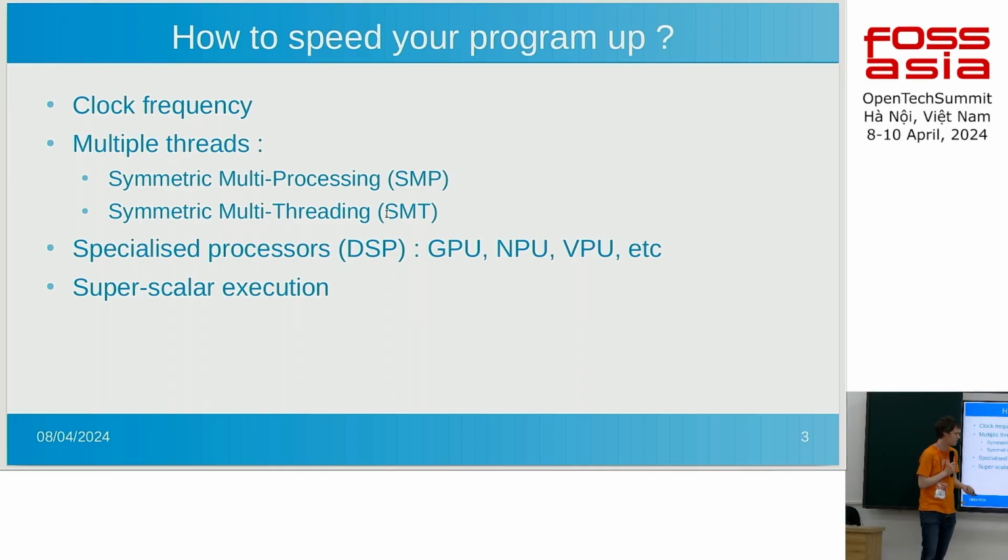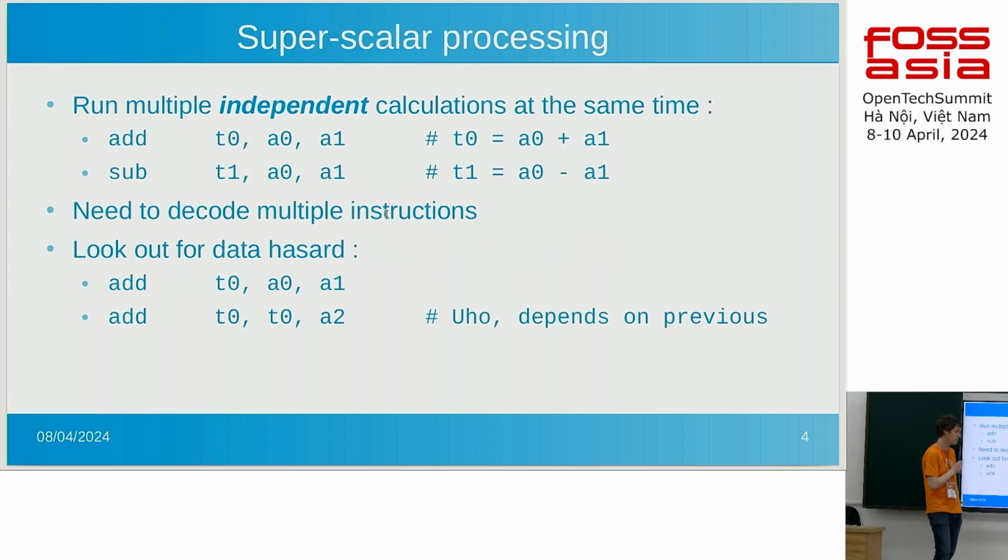Or you can use specialized processing units like GPU, NPU, VPU, ISP, and so on. Another trick that has also been used for general purpose computing is superscalar execution, where you make your processor do multiple things at the same time in a single thread.